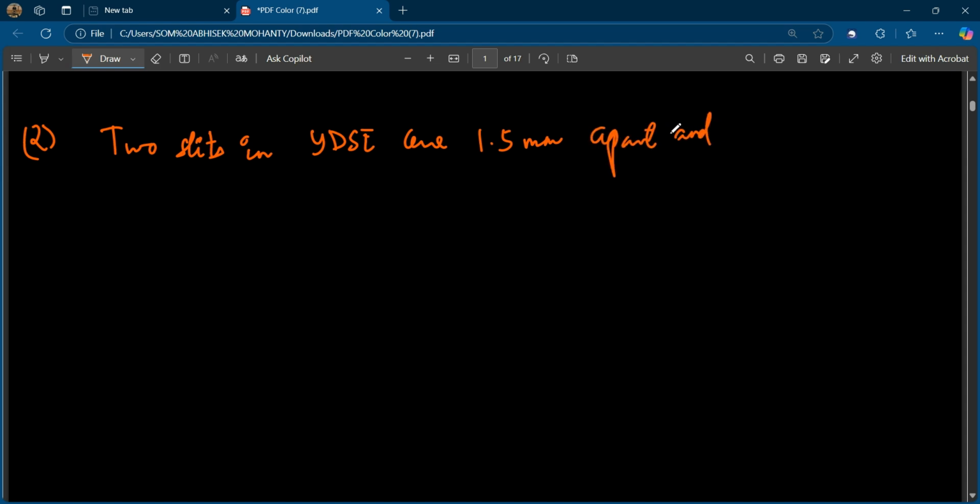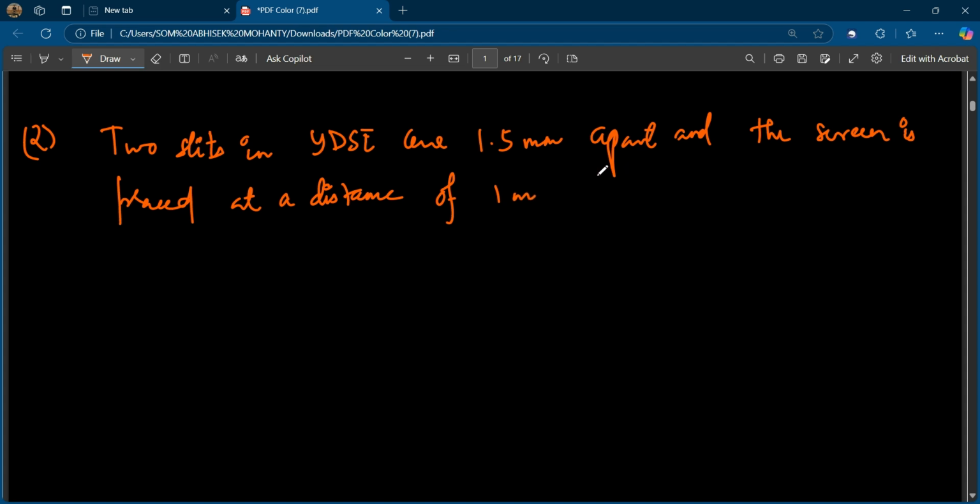the screen is placed at a distance of 1 meter from the slits. All right.